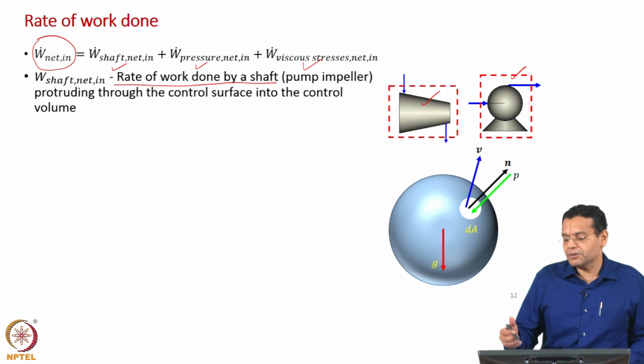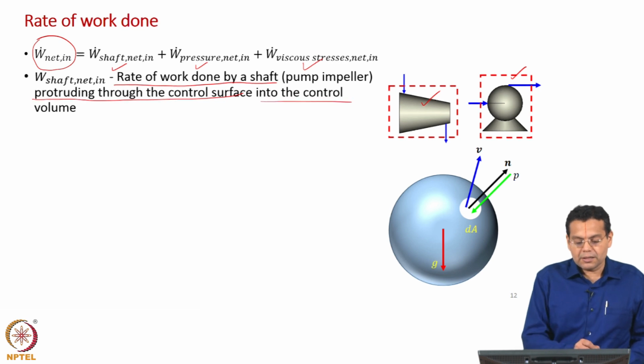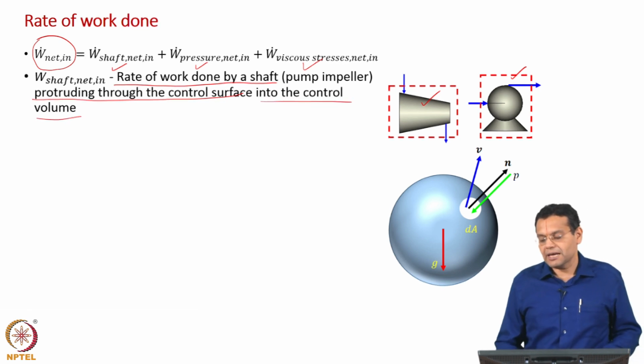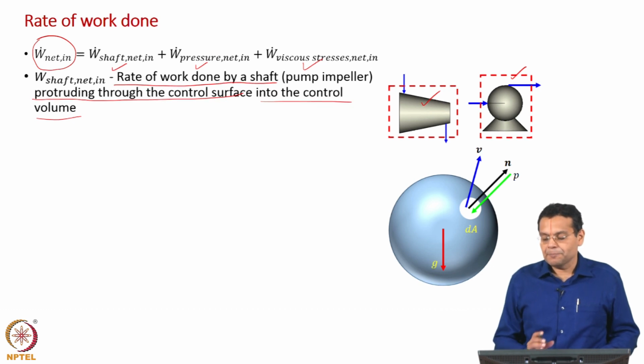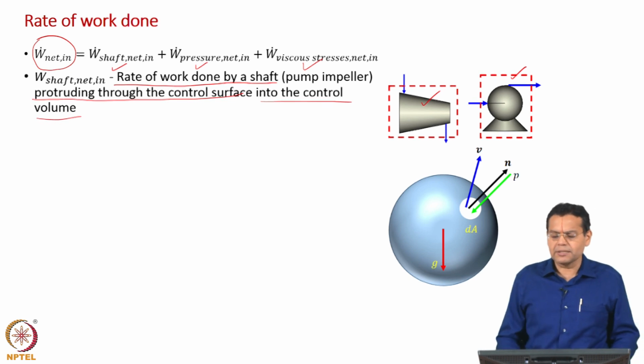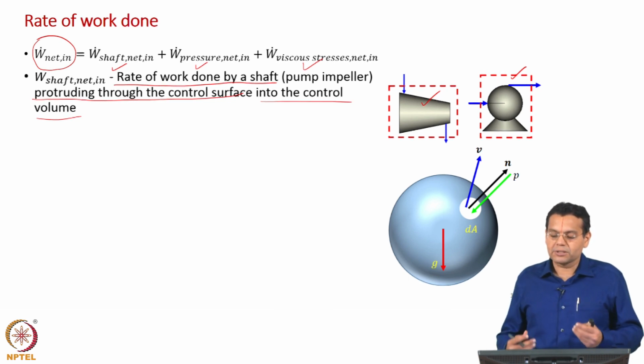In all these cases you have a shaft protruding through the control surface into the control volume. Though of course, the shaft is not shown explicitly here, you can easily understand that you have a shaft which crosses the control surface. Why protruding through the control surface? Remember, whenever we do an energy balance, even for streams, we take only those streams which cross the control surface.